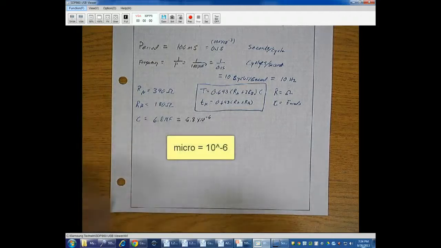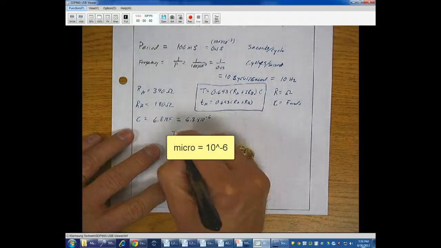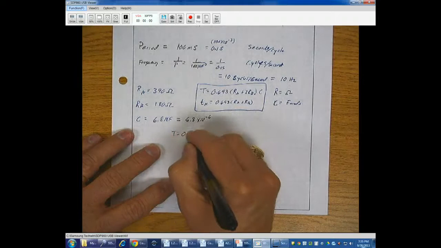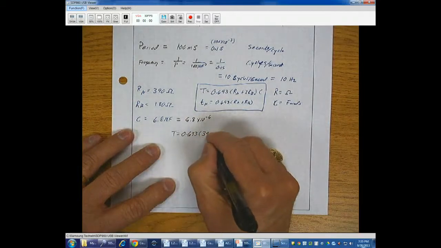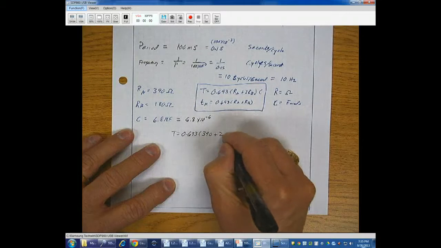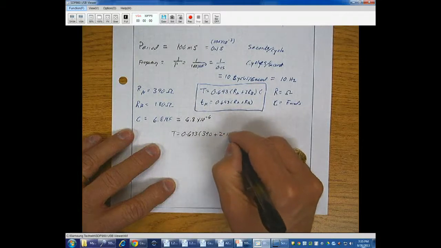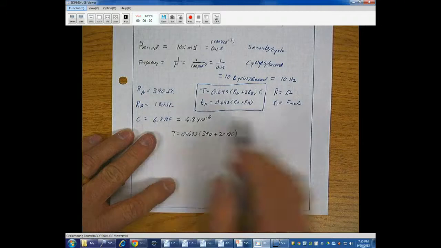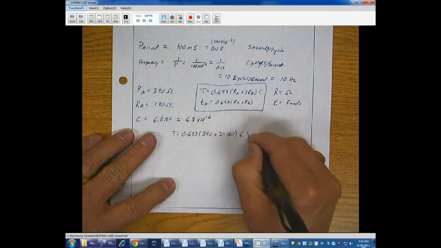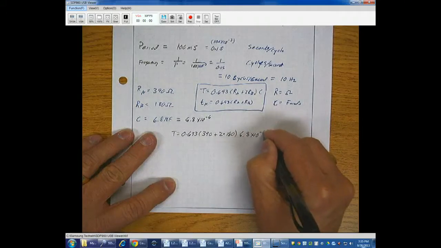So when I plug this into the calculator, I'm going to arrive at the period is 0.693 times 390, which is resistor A, plus 2 times 180, times, and like I said, instead of 6.8, I need to multiply this by 6.8 times 10 to the negative 6.